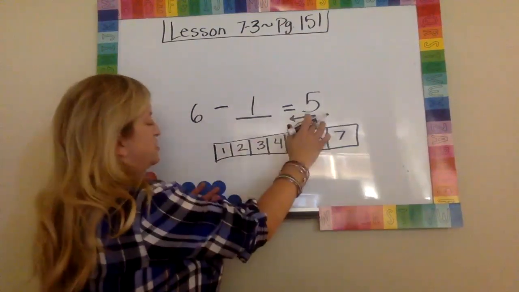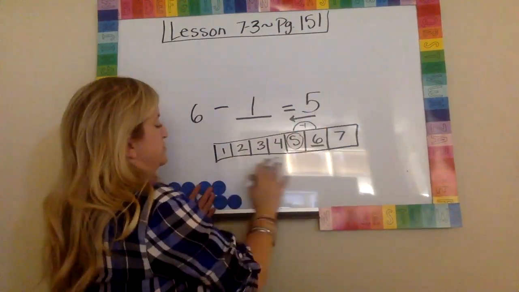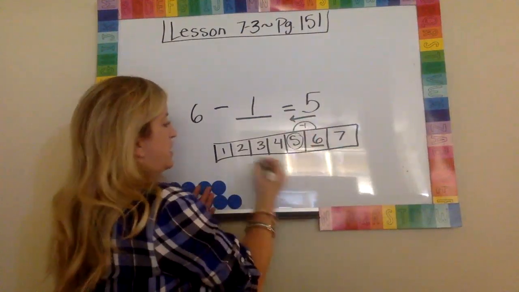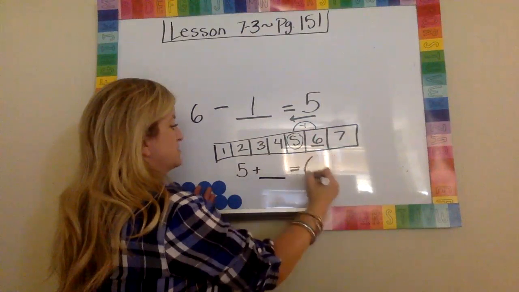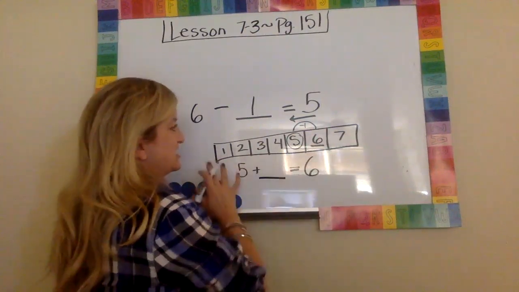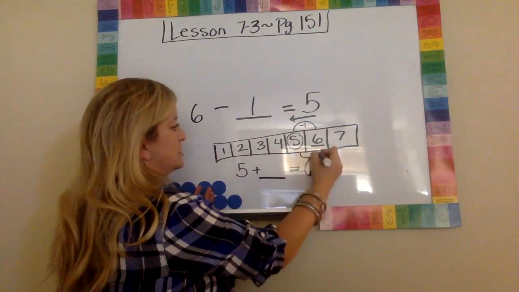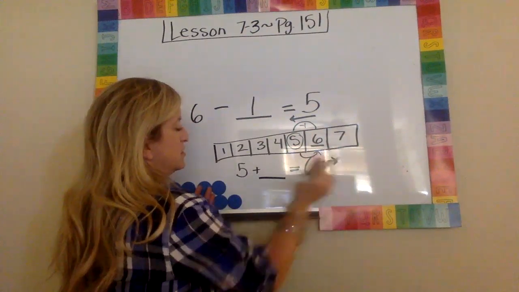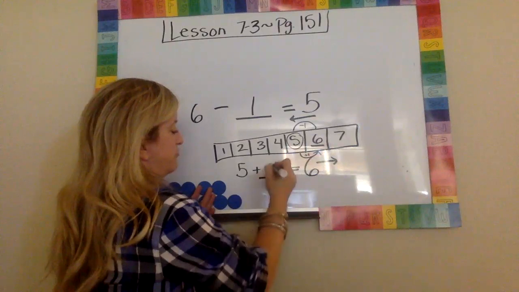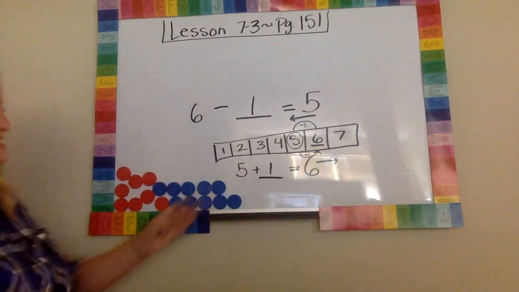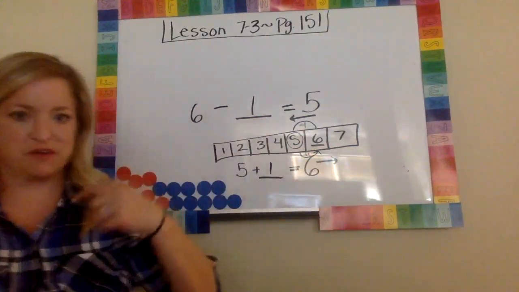So if I need to figure out where I'm starting, my arrow's going to go that way. But if I'm doing 5 plus, I don't know, gets me to 6, because it's the opposite, I'm going to jump this way, heading that way. So now I know that's plus 1. 5 plus 1 gets me to 6. 6 minus 1 on the number line.